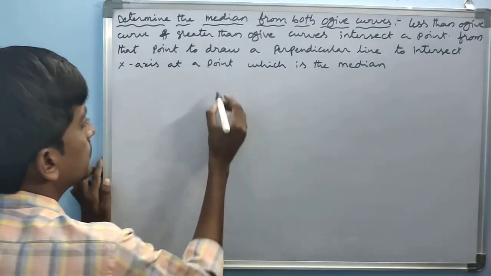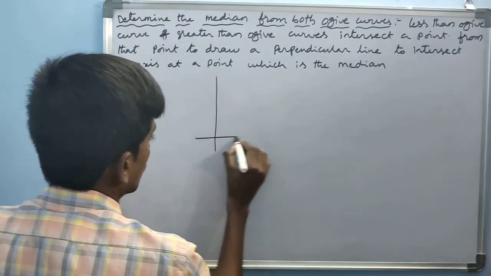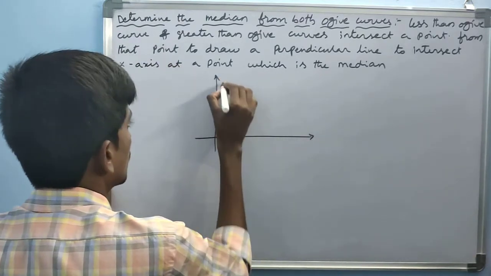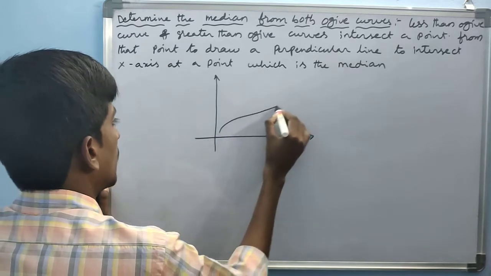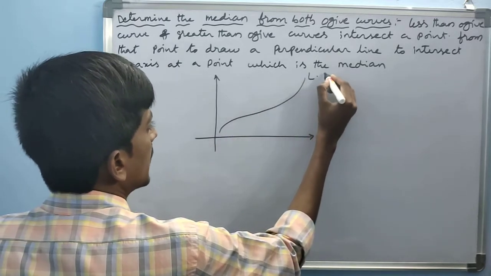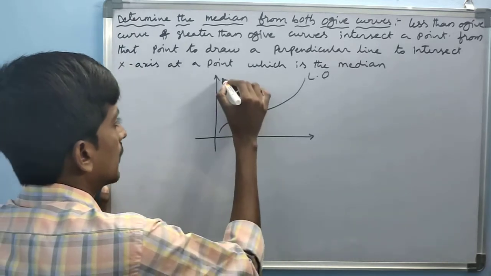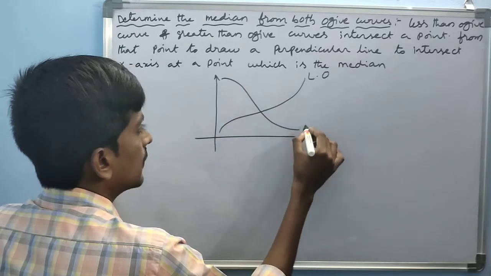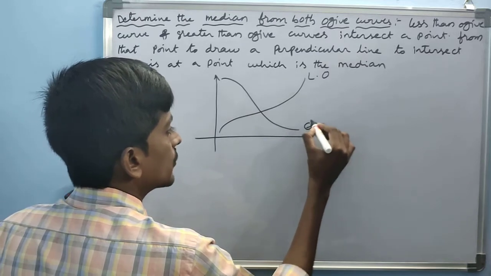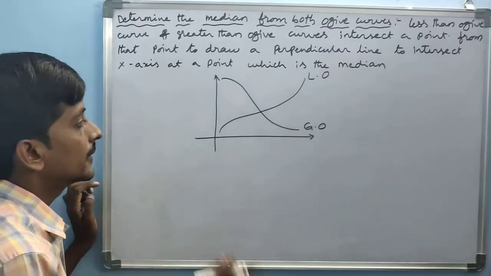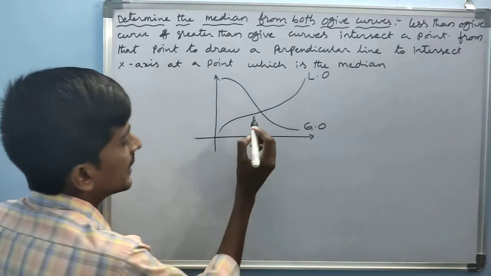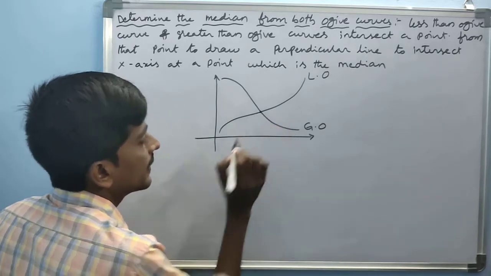For example, this is the less than type ogive and this is the greater than ogive. These two curves intersect at a point here.